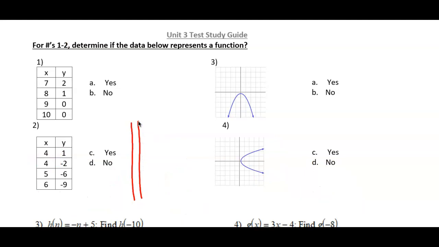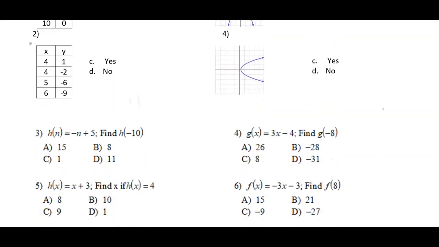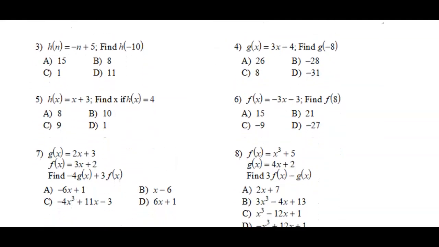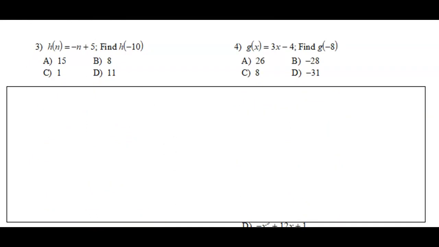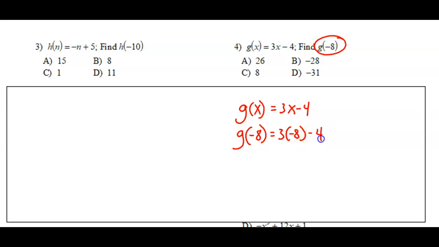We'll go ahead and take a look at number 4. So at number 4, they give us a function, g of x equals 3x minus 4. And they want us to find g of -8. That means I'm going to replace the x value with a -8.